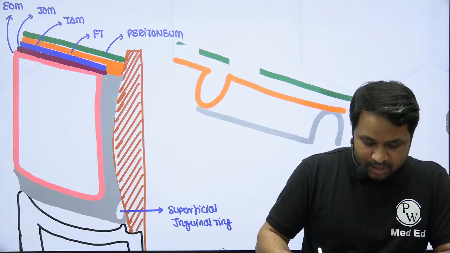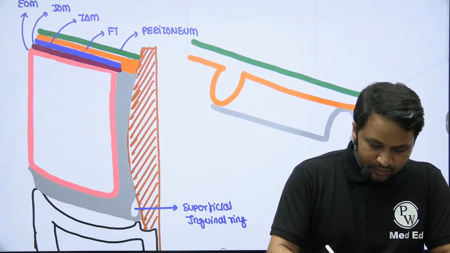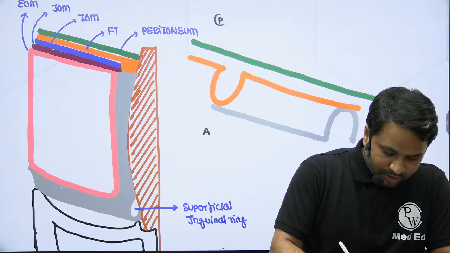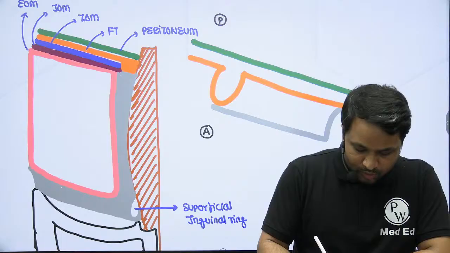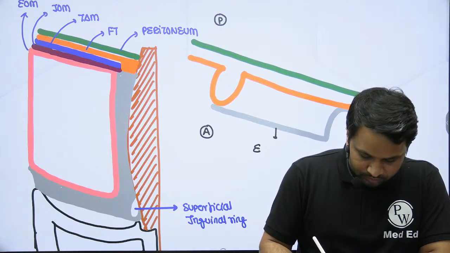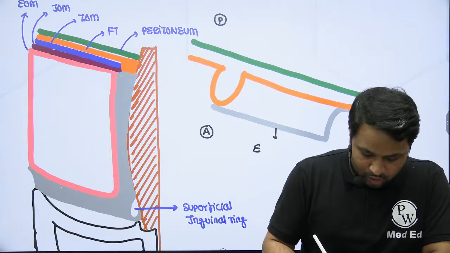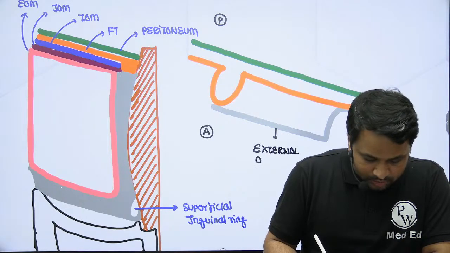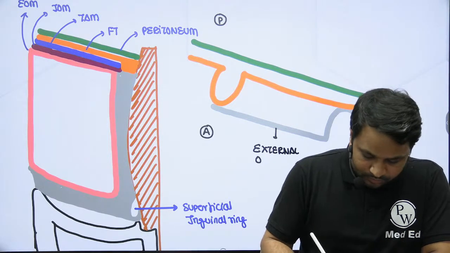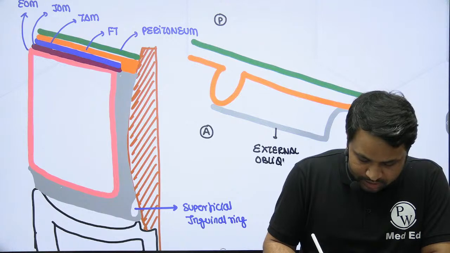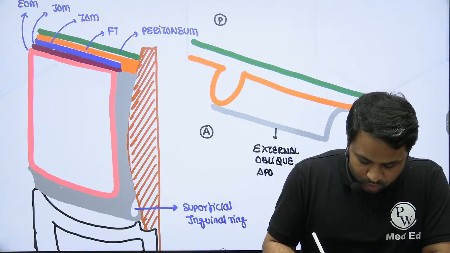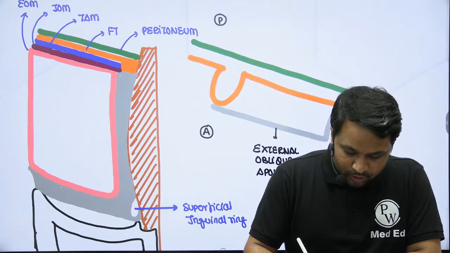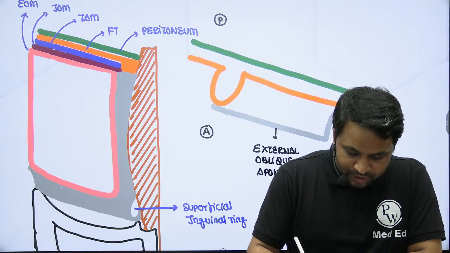This is just for the sake of orientation, if you're not able to get a grip: this is the anterior surface and this is the posterior surface. In the anterior most, this is your external oblique, and this is your external oblique aponeurosis. A defect in the external oblique aponeurosis is what we call the superficial inguinal ring.